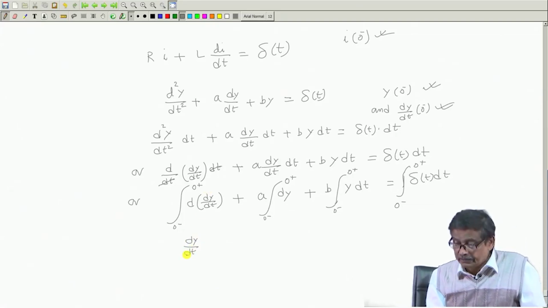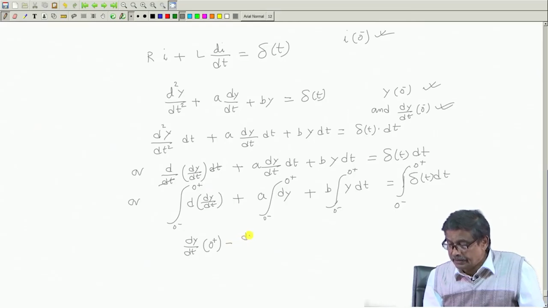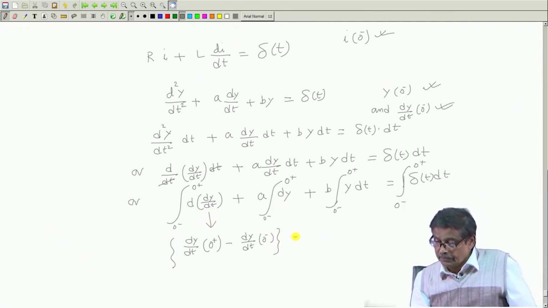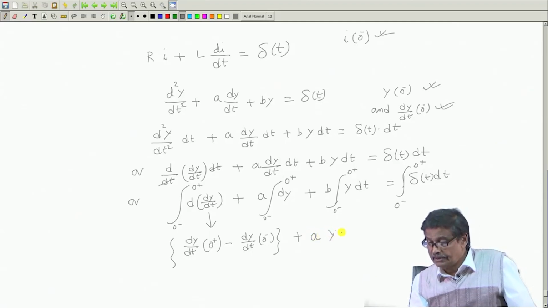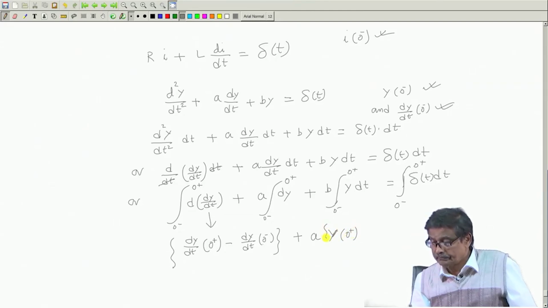Integration will be this thing only, dx, evaluated at 0 plus minus dy dt at 0 minus. This is the first term. This one will be a into y 0 plus minus y 0 minus.